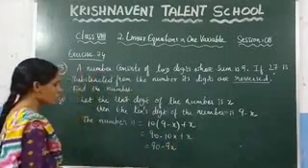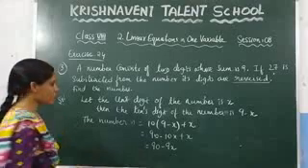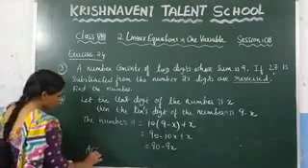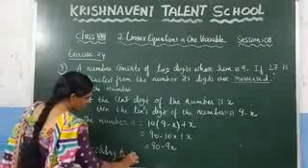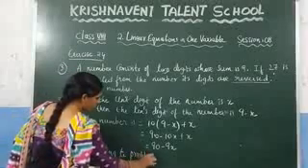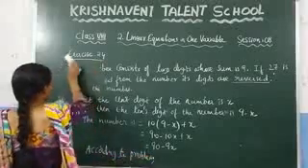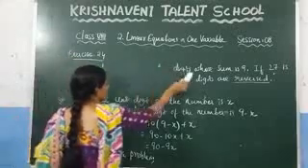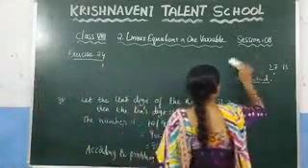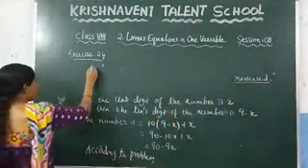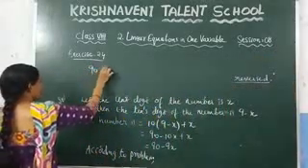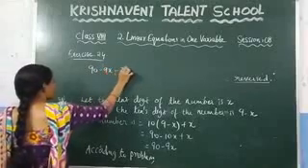Now, according to the question, you can subtract this from 27. So write it here. According to the problem, if you are subtracting this from 27, 90 minus 9x minus 27.